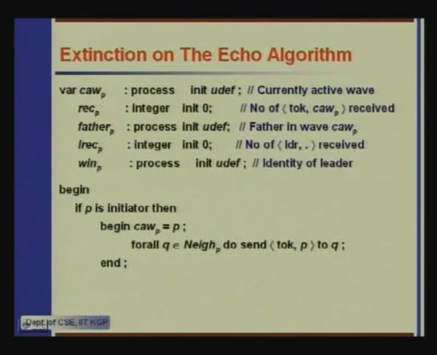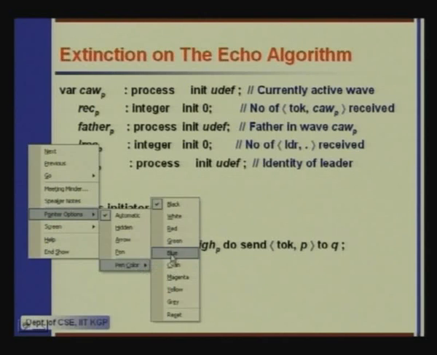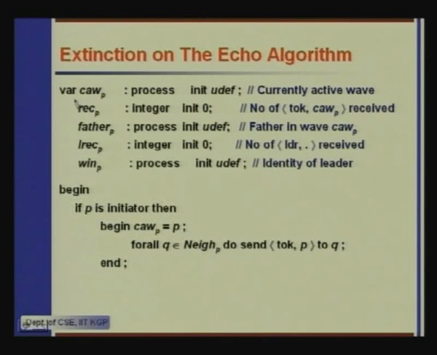Now, this is how we will use extinction on the echo algorithm. So, let us look at the set of variables that we are going to use here. The first thing here is CAW P. Now, CAW stands for the currently active wave.